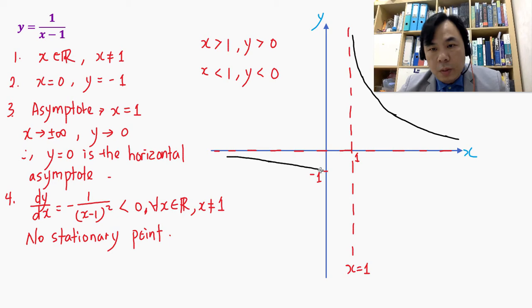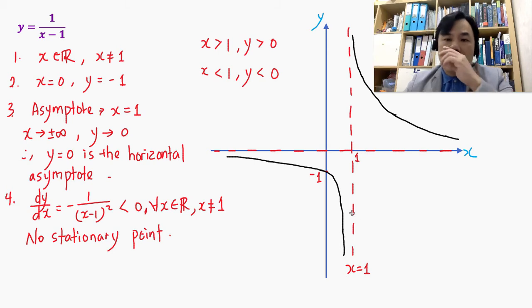It's going to pass through here and then going down and then going very close to the vertical asymptote. Now generally this is how the graph looks in this case. I hope that is clear. You can check the gradient is negative all the way.